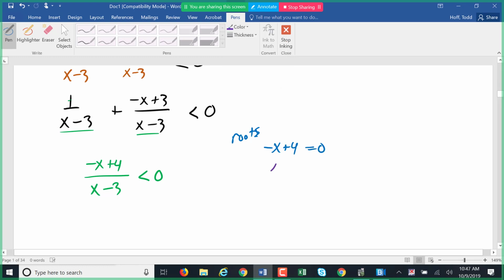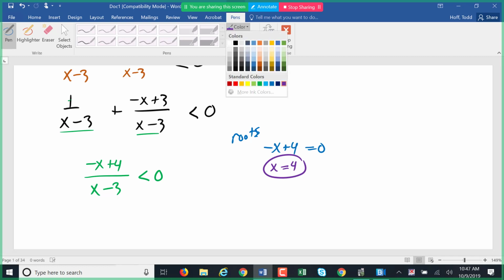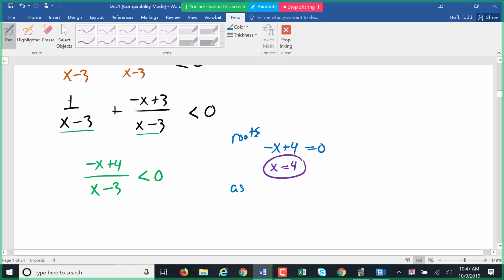If I subtract 4 and divide by negative 1, that gives me x equals 4. I find my asymptotes. I said x minus 3 equals 0. Well, pretty easy to see there. That's where x equals 3.